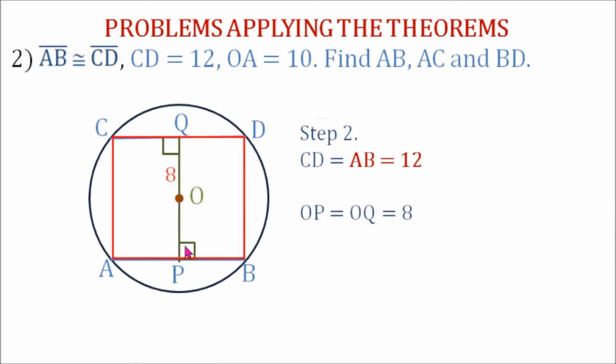Then OP equals OQ. And since OQ is 8, that means OP is also 8. So it follows that PQ, which is equal to side AC, and side BD equals 16.